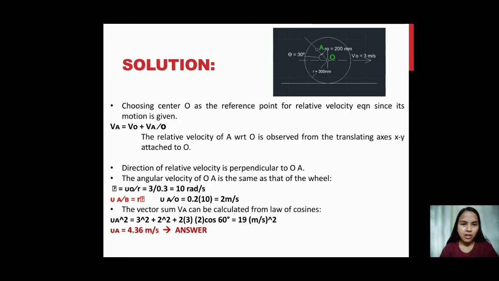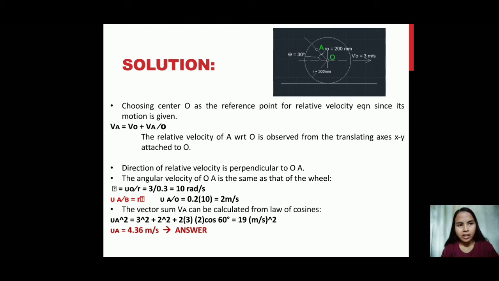Since we have the angular velocity, we can now calculate the velocity of A over O by using the formula: velocity of A over O is equal to r omega.